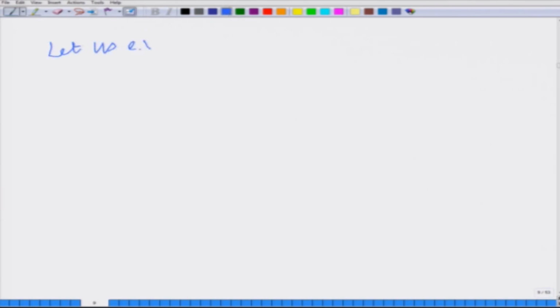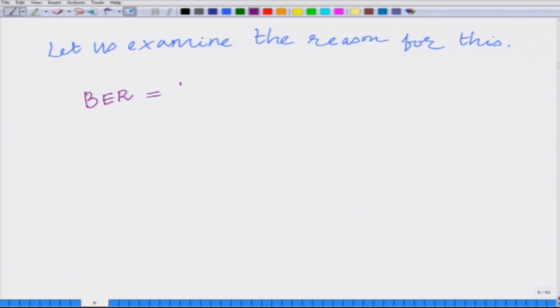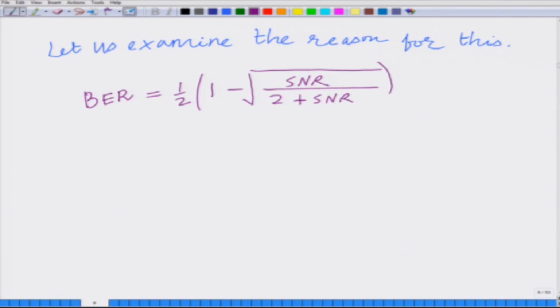Let us examine the reason for this. If you look at the bit error rate expression, you have bit error rate equals half times 1 minus square root of SNR divided by 2 plus SNR.